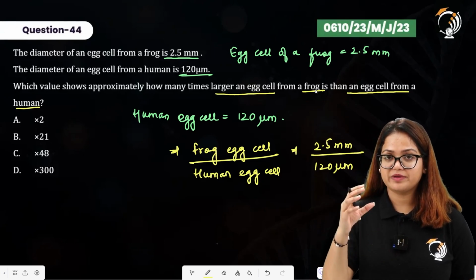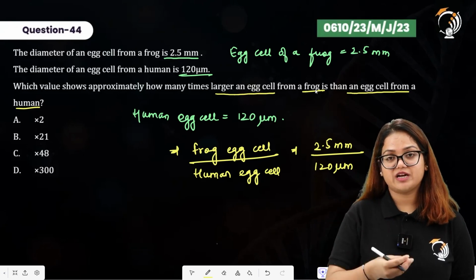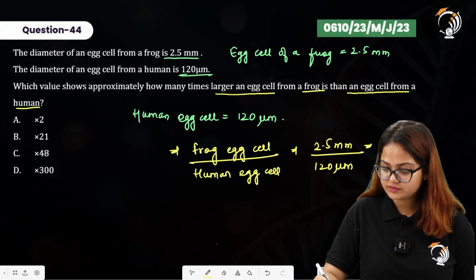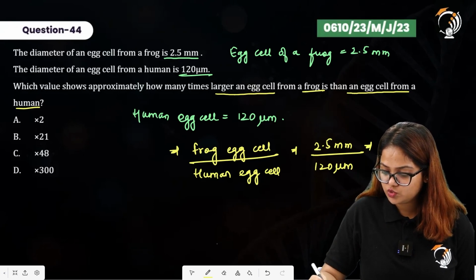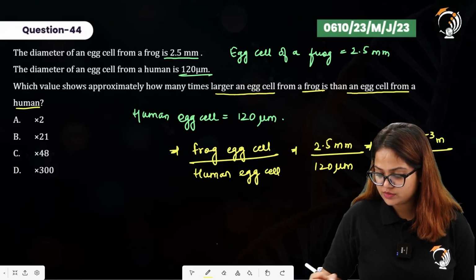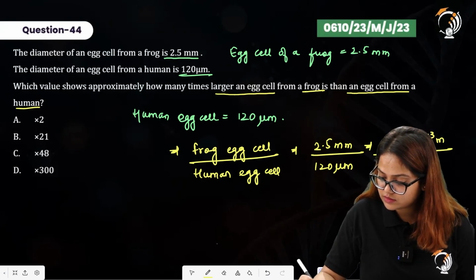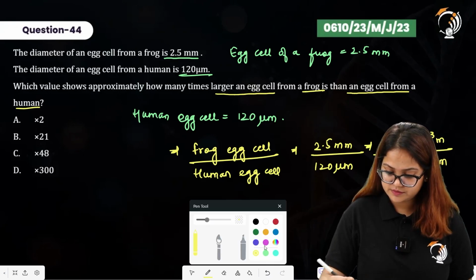So you have to compare by how many times the frog egg cell is larger than the human egg cell. This is 2.5 into 10 to power minus 3 meter, and this is 120 into 10 to power minus 6 meter.